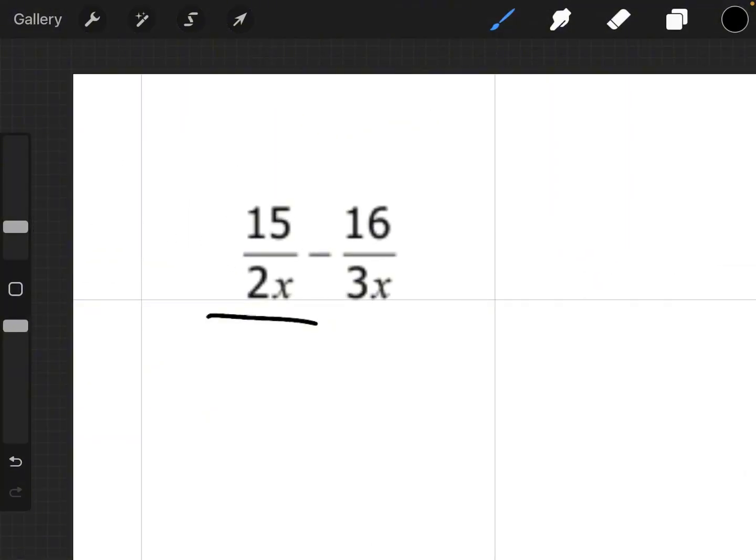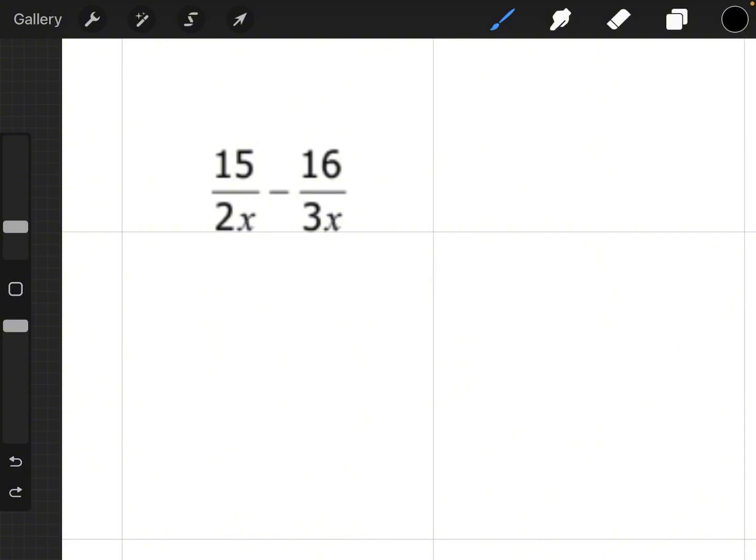Here are some examples with unlike bases. So we see here that the denominators are not equivalent, so we'll have to manipulate the equation so that they are equal. 2 and 3's least common multiple is 6.